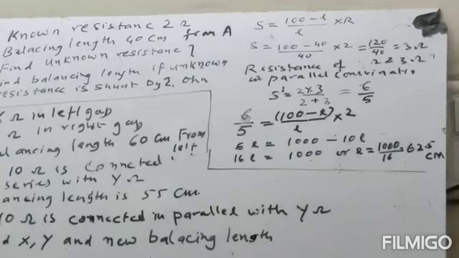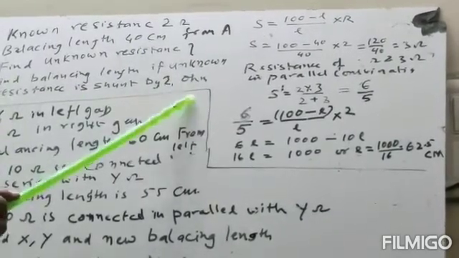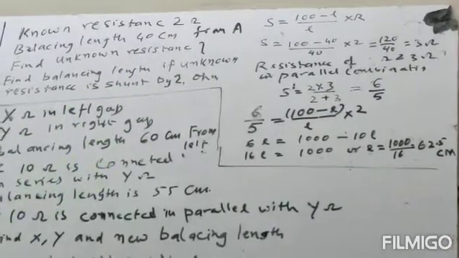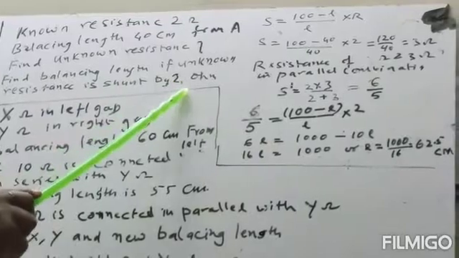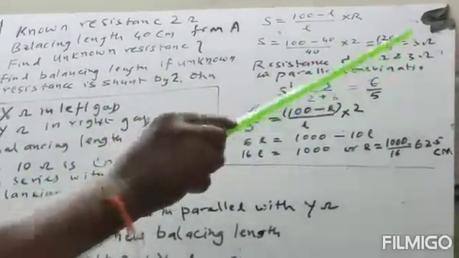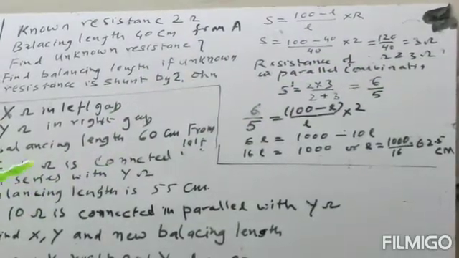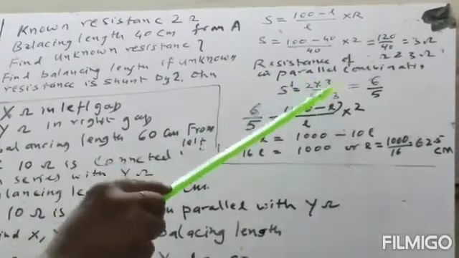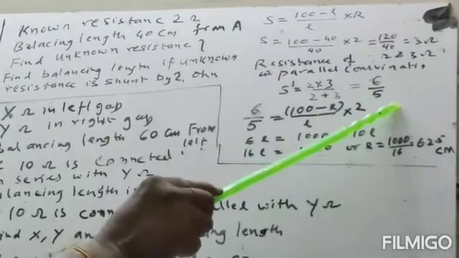So the known resistance in the left is 2 ohm and 3 ohm is in the right side. Now we shunt it by a resistance of 2 ohm, meaning 2 ohm is parallel to the unknown resistance 3 ohm. Then the equivalent resistance in the right side will be 3 into 2 divided by 2 plus 3, that is equal to 6/5.